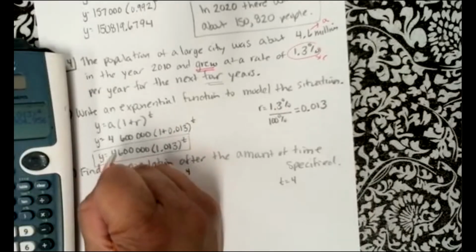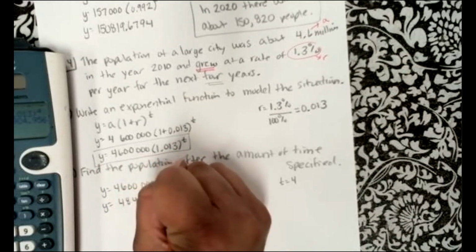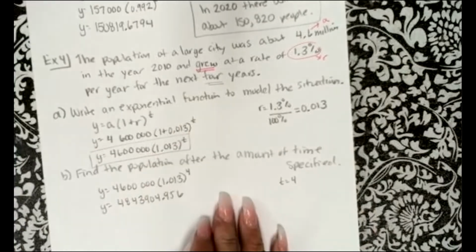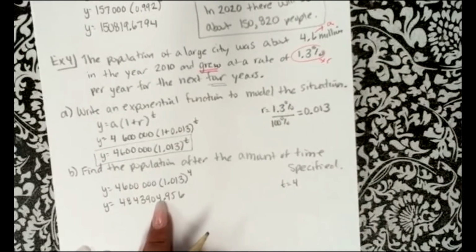I get 4,843,904.956. Going back to the context of the problem, you're talking about population, so this needs to round to the number 5.